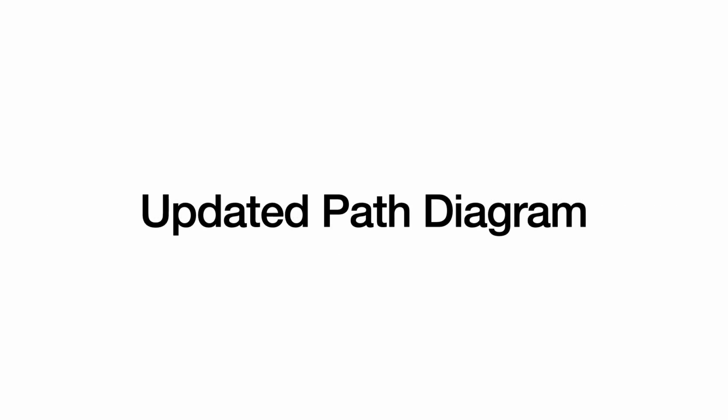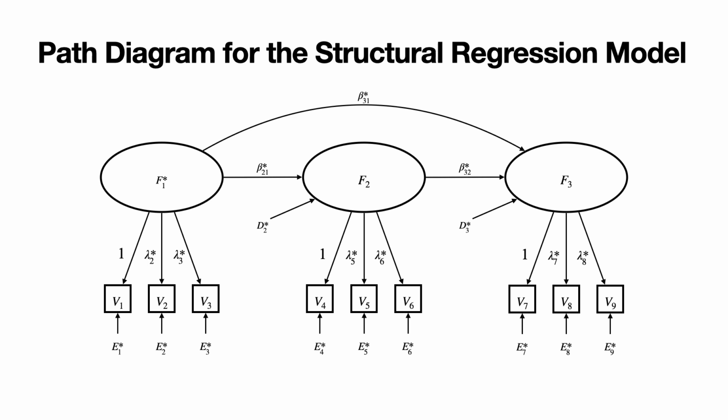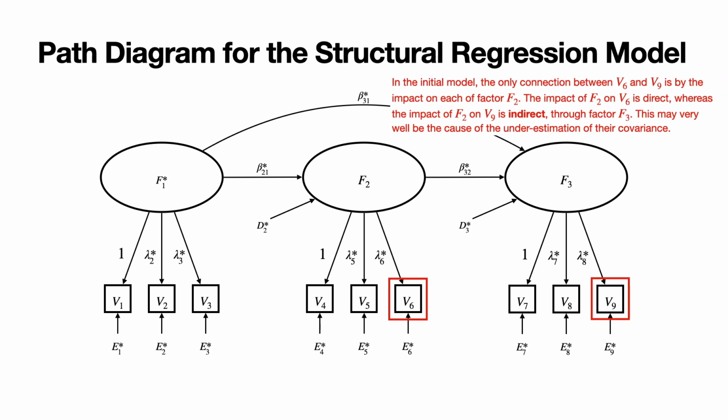So let's look at an updated path diagram that allows for this kind of extension. So here is the path diagram for the initial structural regression model. In this initial model, notice that the only connection between V6 and V9 is by the impact on each of factor F2. The impact of F2 on V6 is direct, whereas the impact of F2 on V9 is indirect through factor F3.